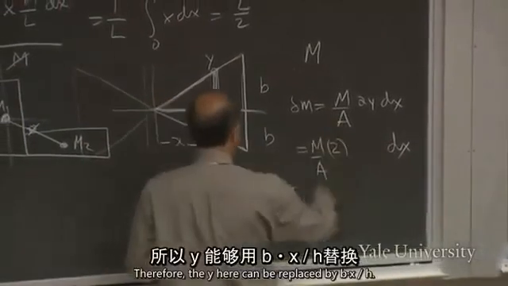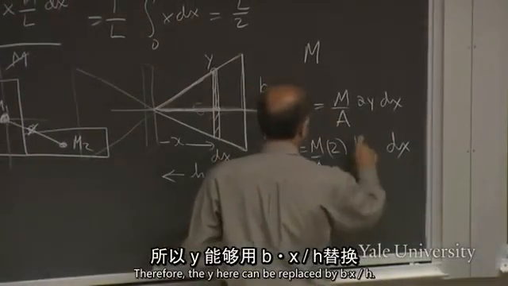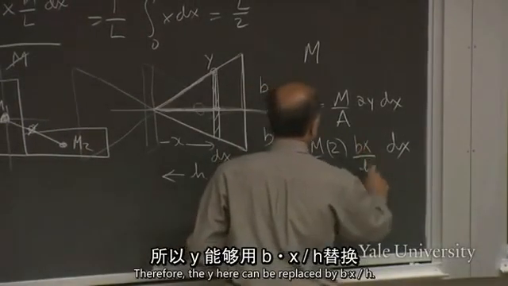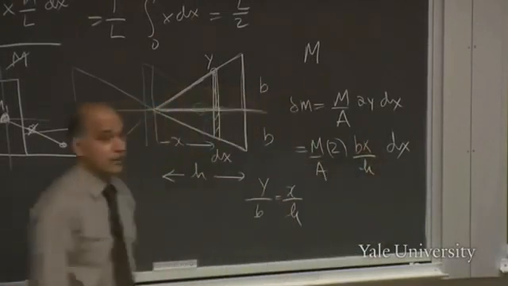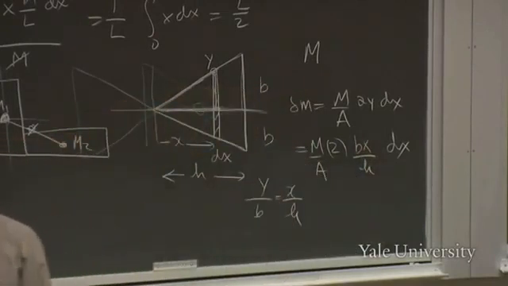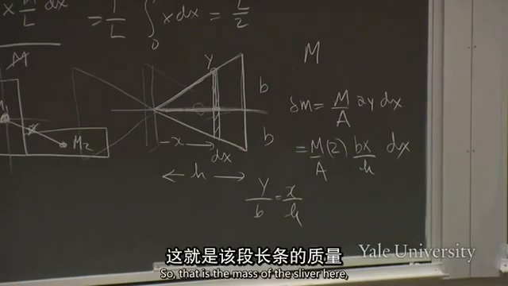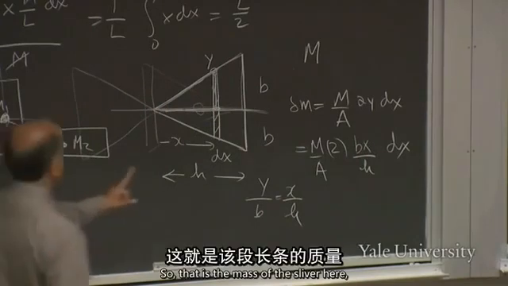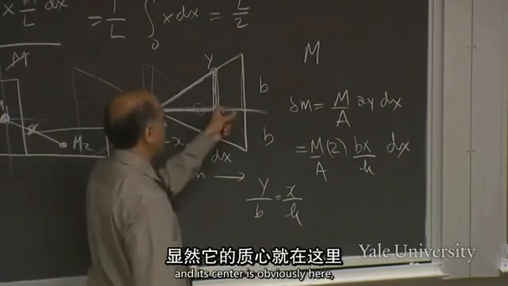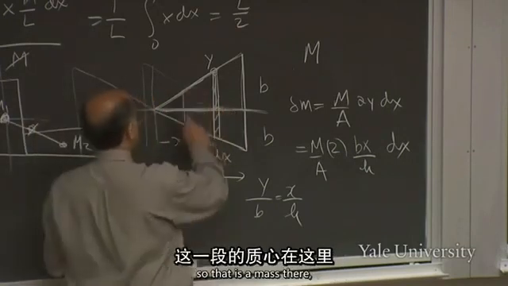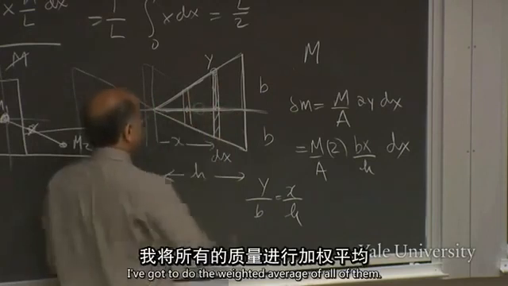Therefore, the y here can be replaced by bx over h. So that is the mass of the sliver here, and its center is obviously here. So there is a mass there, there's a mass there. I've got to do the weighted average of all of them.